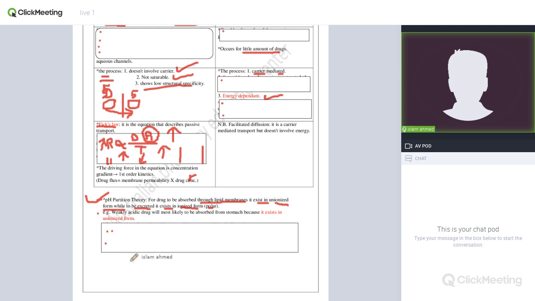Another thing is that the metabolism of the drug generally results in polar molecules. Those polar molecules are easily excreted and have poor protein binding.